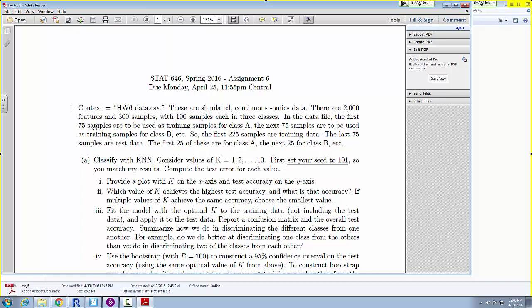Okay. We have 300 observations, and the first 225 are your training data. Use them like training data. So these are the data, the samples, the columns that you're going to use to build your predictive models. Remember, we talked in the last couple of lectures about the difference between a misclassification rate, an error rate, that you compute on the training data itself.